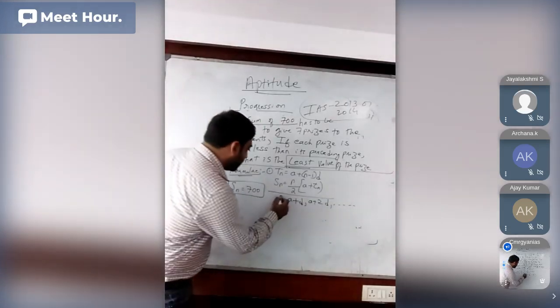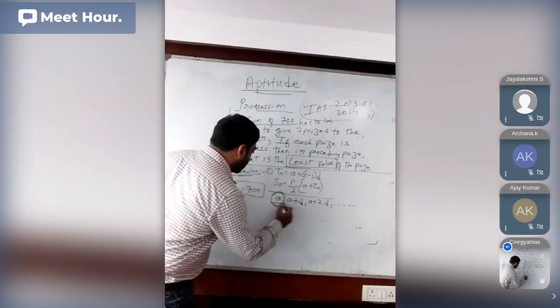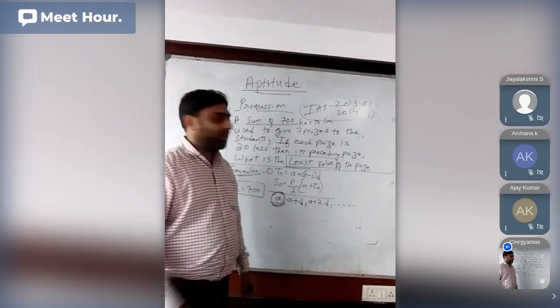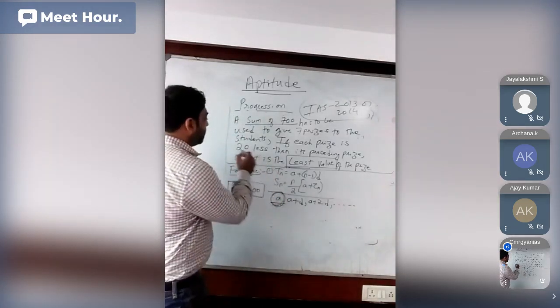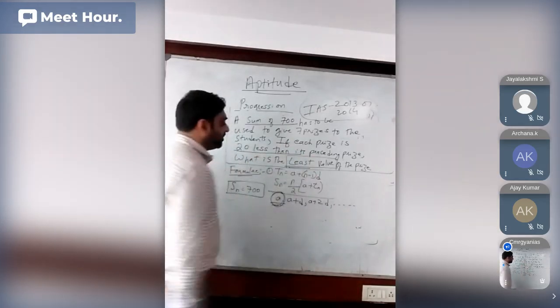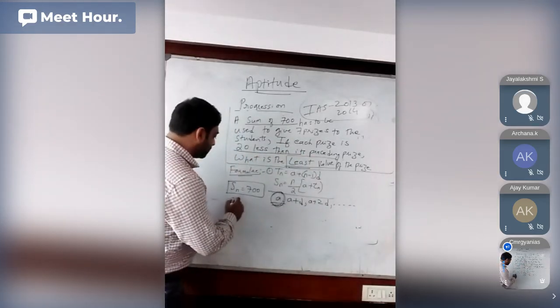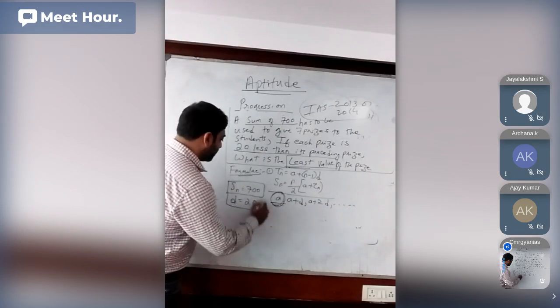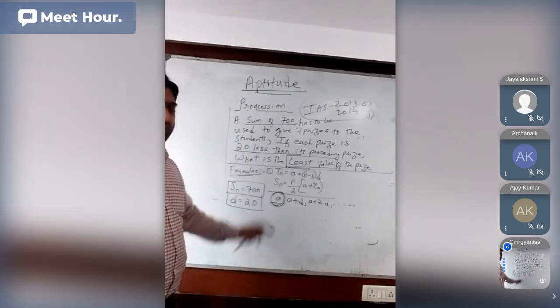So they are asking us, what is this first term A? And each prize is 20 less than its preceding prize, so D is equal to 20. They are asking you to find out A.